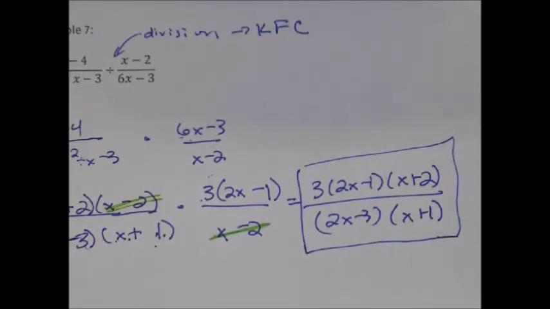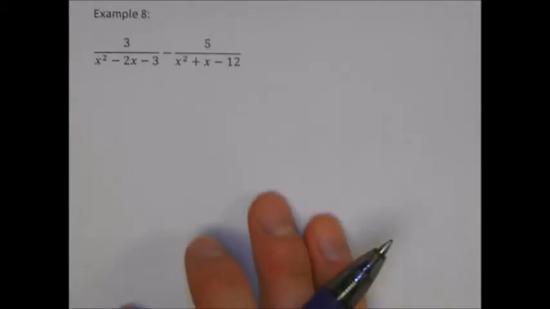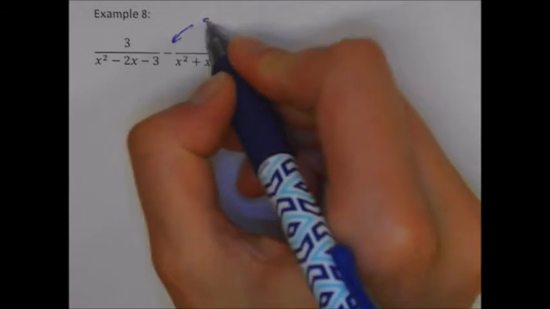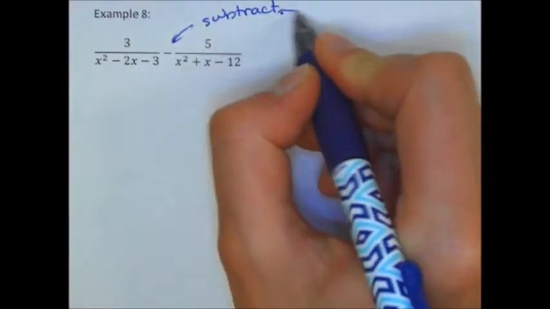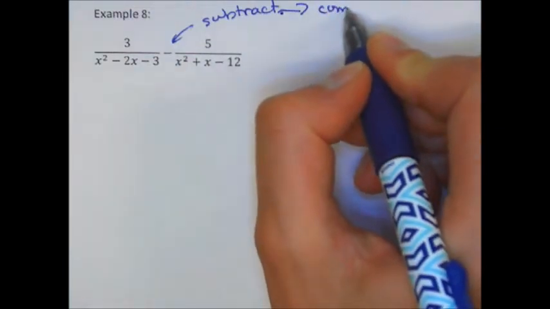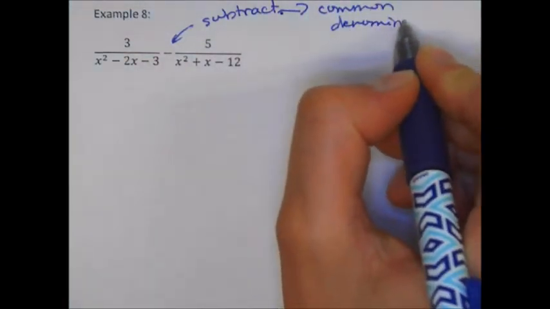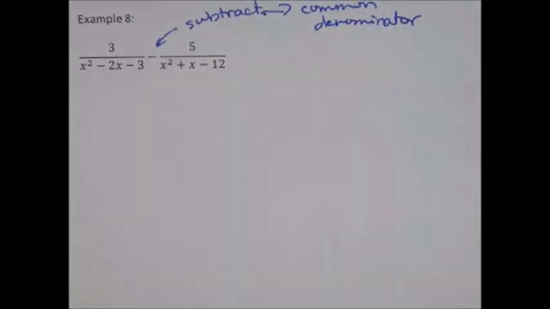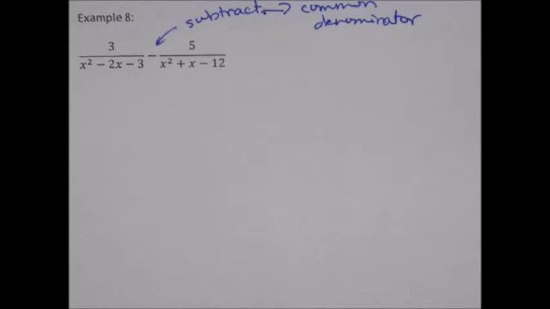For number 8, this is a subtraction problem. So when I'm thinking of subtraction, I need a common denominator. So we need to factor both denominators to see what factors there are.